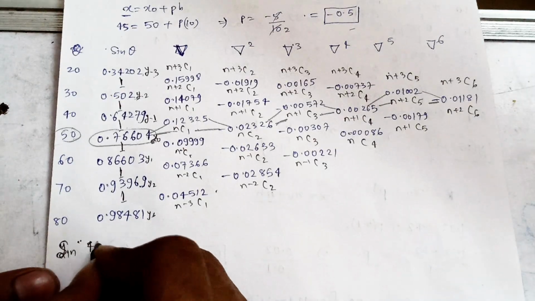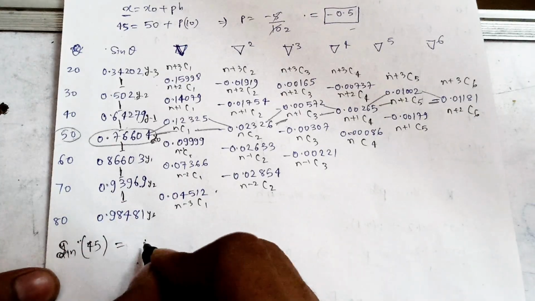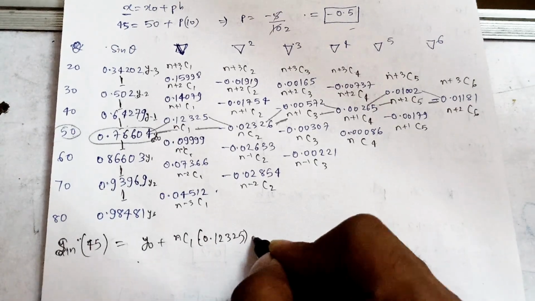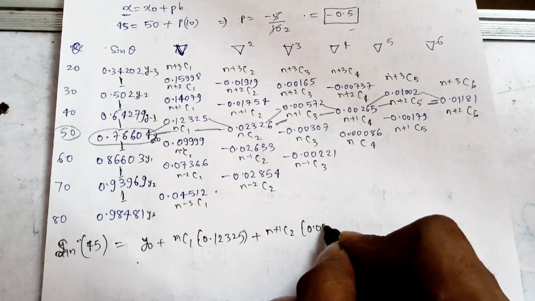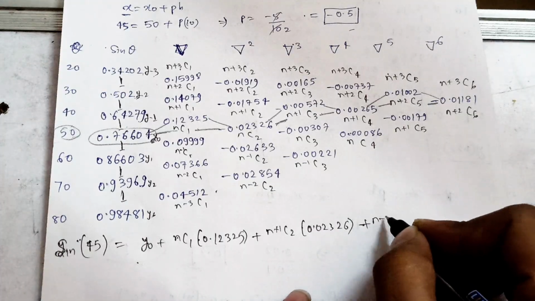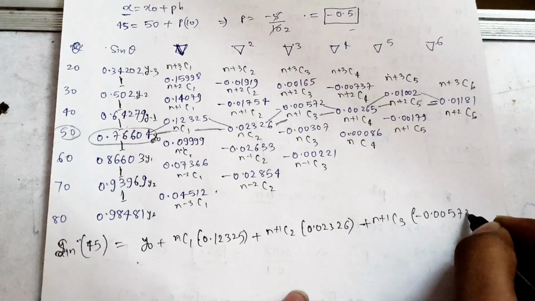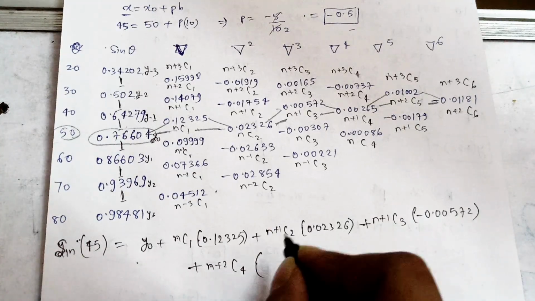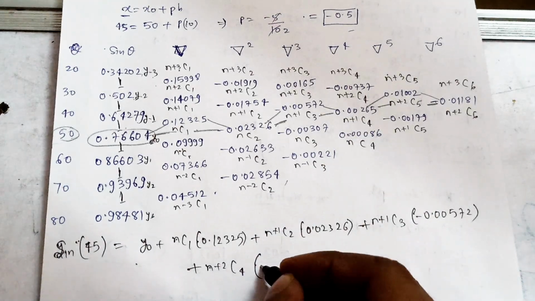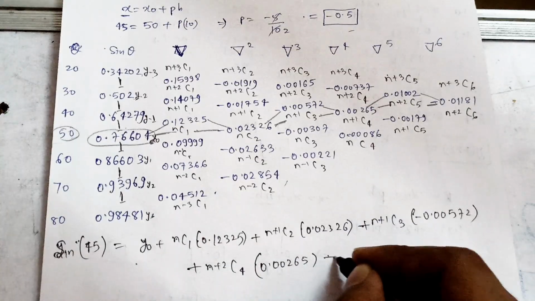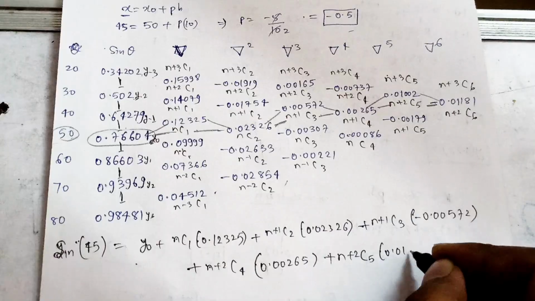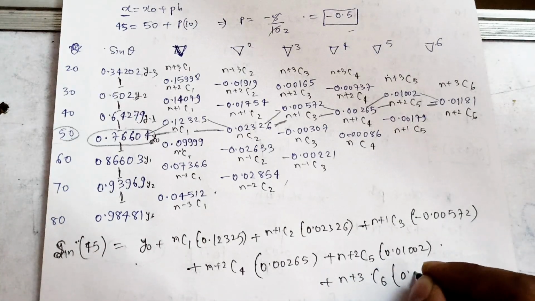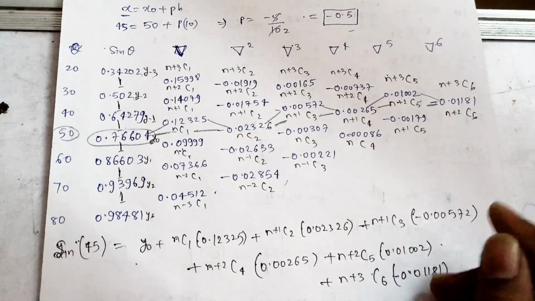So I'm directly writing here sine 45 equals y naught plus n c1 into 0.12325 and plus n plus 1 c2 into 0.02326 and then plus n plus 1 c3 into minus of 0.00572, then again adding n plus 2 c4 into 0.00265, then addition with n plus 2 c5 and multiply with 0.01002, and then addition with n plus 3 c6 and multiply with minus 0.01181. That is our formula.